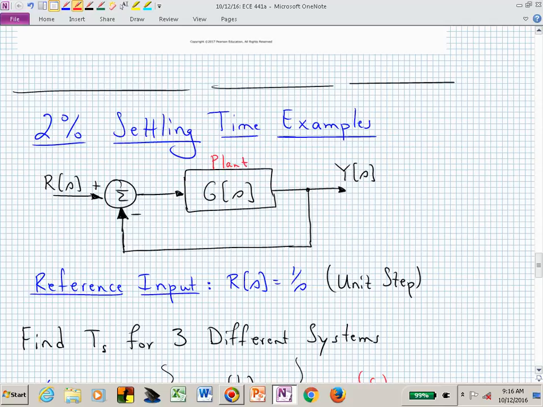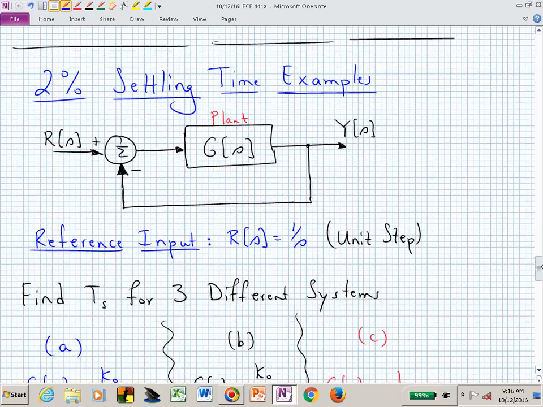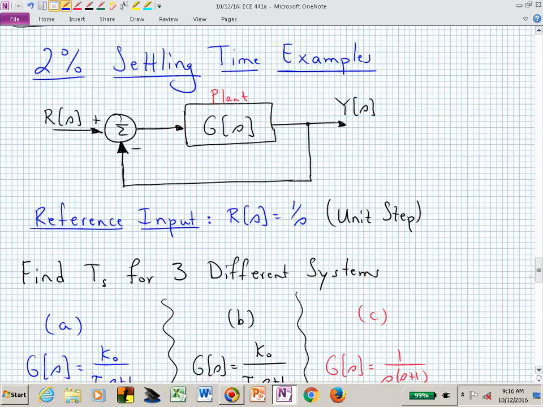So let's look at where we were last time with our settling time sort of exercise that we stopped the class with. We had a plant. That was our system dynamics, G of S. We had it interconnected in this feedback pattern. And now we do not have any dynamic behavior in the feedback path or any dynamics.